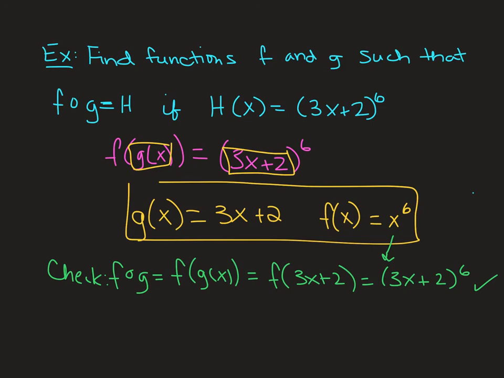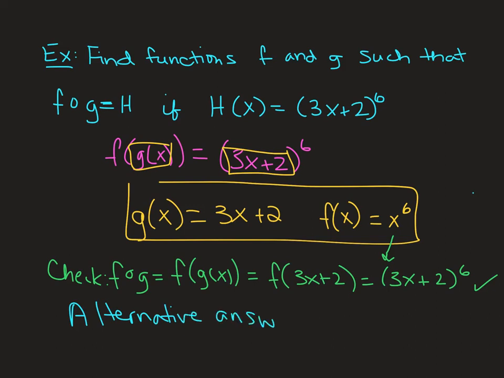I do want to mention, though, that there are multiple answers for this. I just gave you the least complicated answer, so I'm going to tell you an example of an alternative answer.